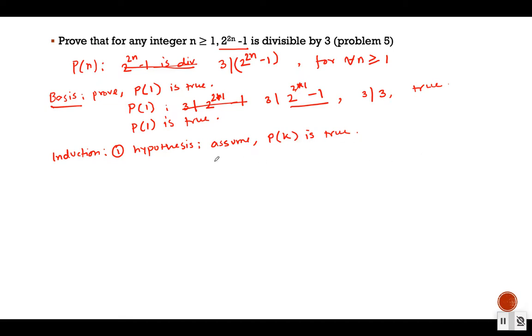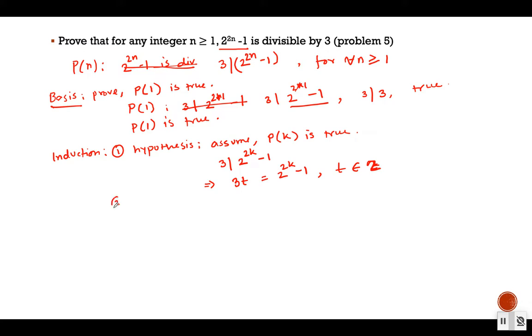If P(k) is true, then 3 will divide some value in the format 2 to the power 2k minus 1. We know the division algorithm, so we can say that 3t equals 2 to the power 2k minus 1, where t belongs to the integers. This is our assumption or hypothesis.